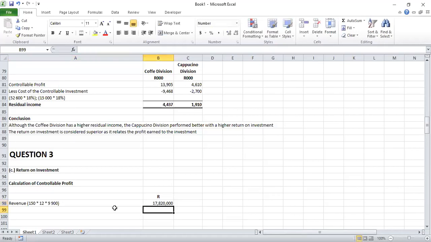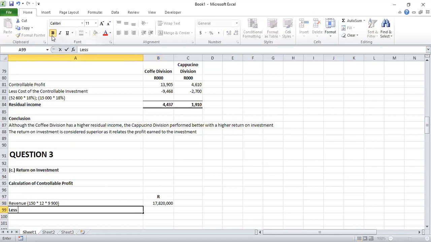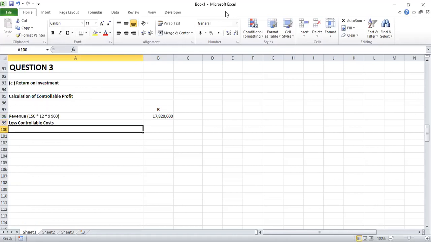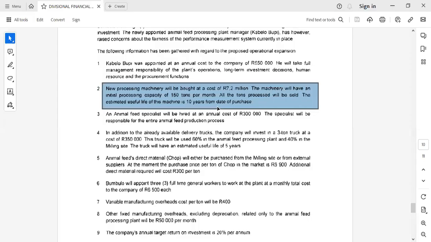Right. Then we would have less controllable costs. Remember that unless told otherwise, we assume that all costs are controllable. Right, we're told that you will take full responsibility of the plant's management.